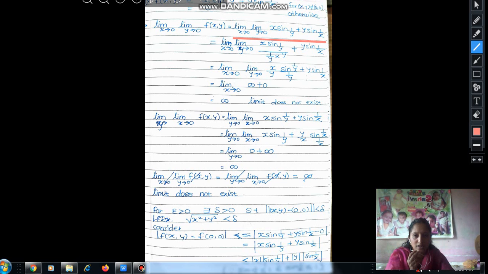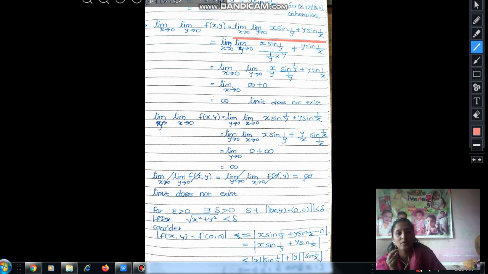Here we get sine 1 upon y, but the value of y is 0, which means 1 upon 0 is infinity, and sine infinity is infinity. So the value of x sine 1 upon y is infinity, and here plus 0. So the value of this limit is limit x tends to 0 of infinity plus 0.